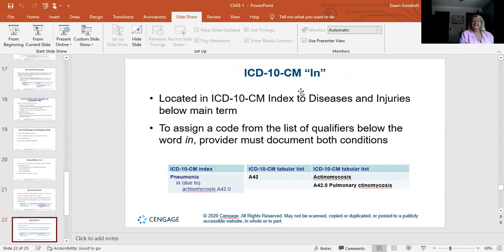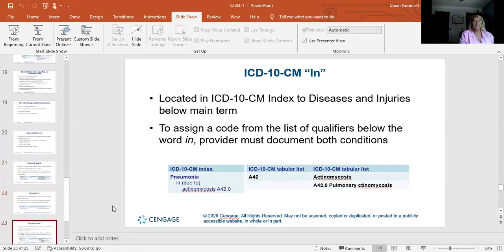"In" is another one that they had, the play on words. Pneumonia in or due to actinomycosis, A42.0. You look up A42, actinomycosis, and then you have the A42.0 pulmonary actinomycosis.